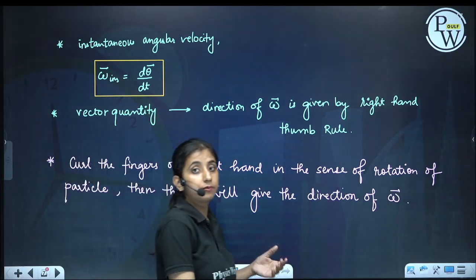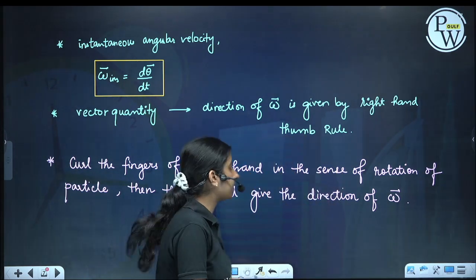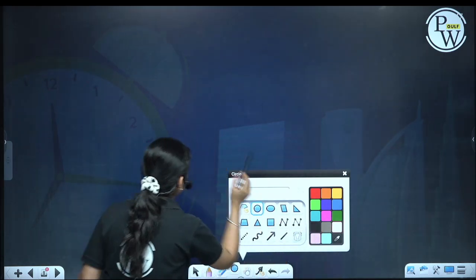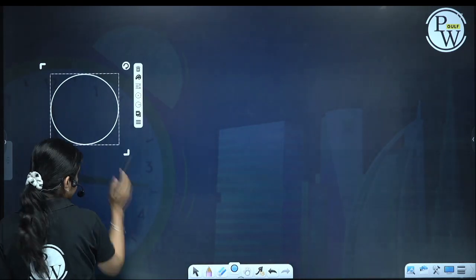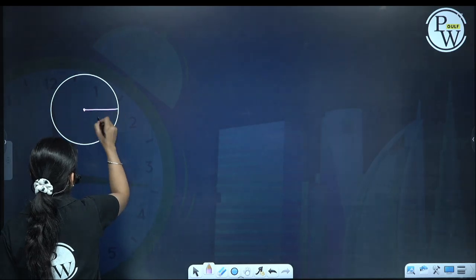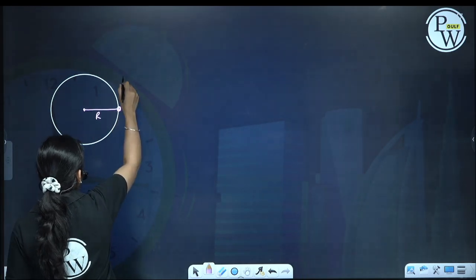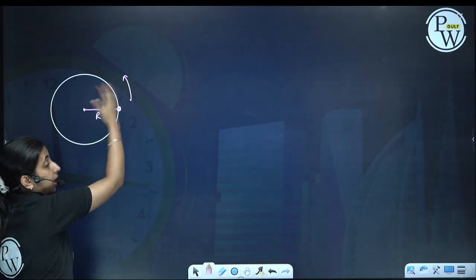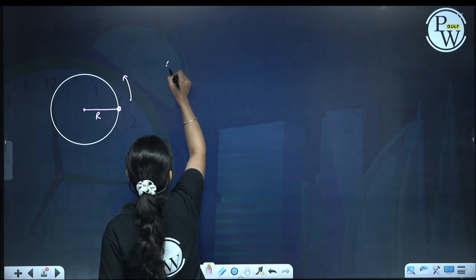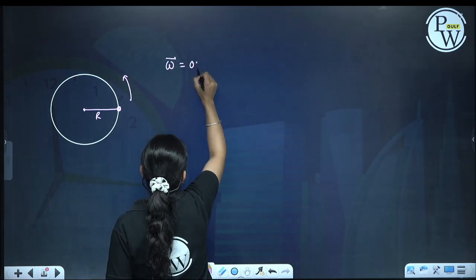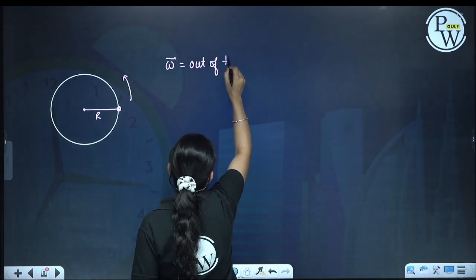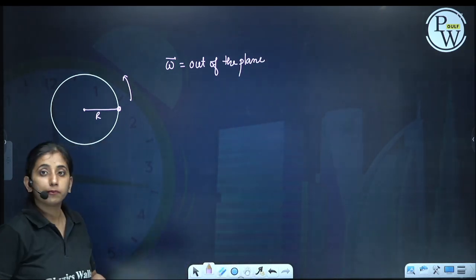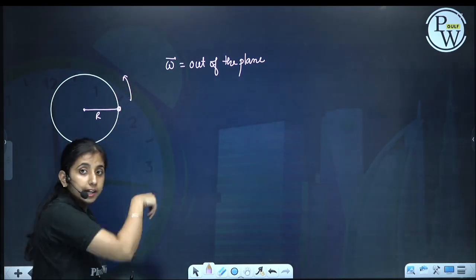If I have my particle rotating in a circle of some radius r like this, now curl the fingers of your right hand, then the thumb will give us the direction of omega. So omega will be out of the plane. If it is rotating the other way, then it will be into the plane.